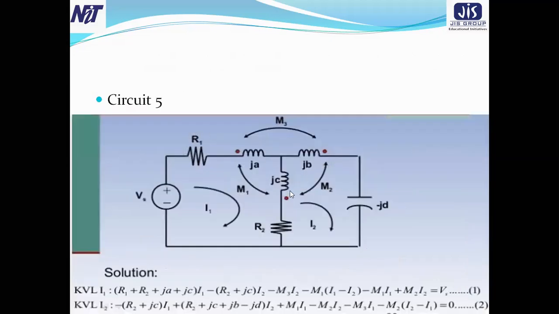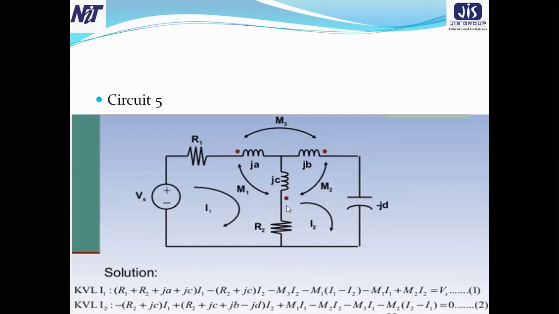For circuit 5, now here three dots are there. For the first loop: (R1 + R2 + jωLA + jωLC) I1 − (R2 + jωLC) I2, opposite direction, no problem. I2 is opposite to I1, so a minus sign is coming. Now for mutual inductance, how many mutuals? First consider M1.